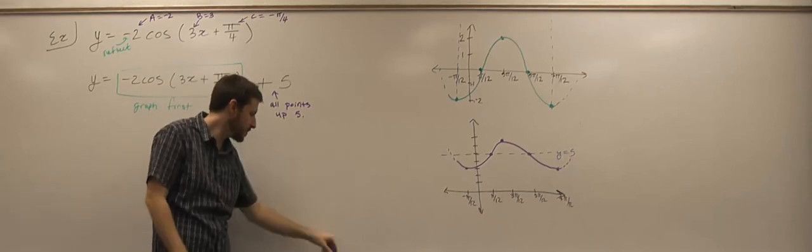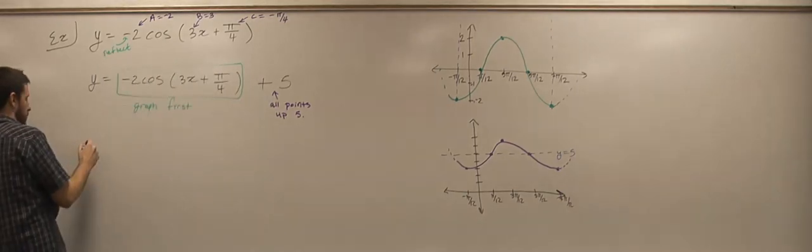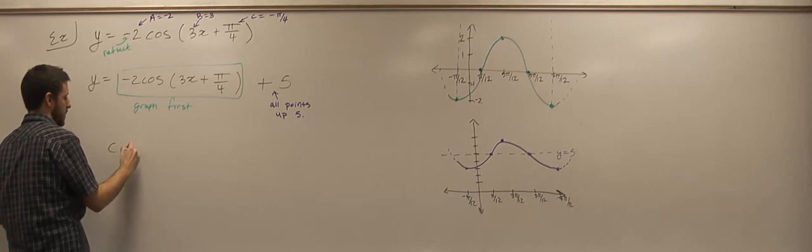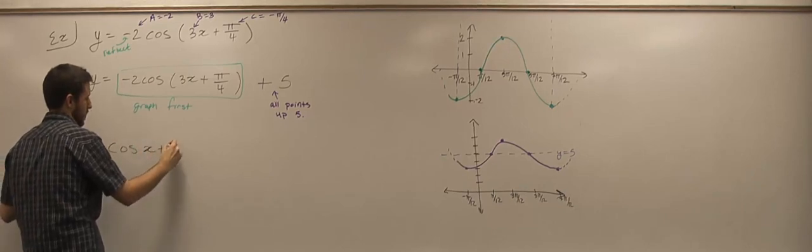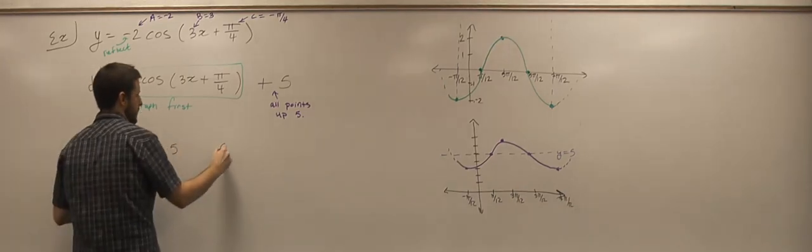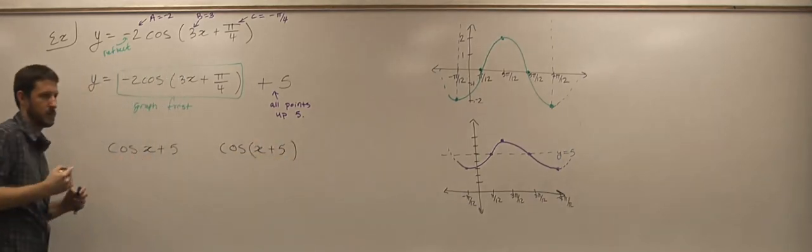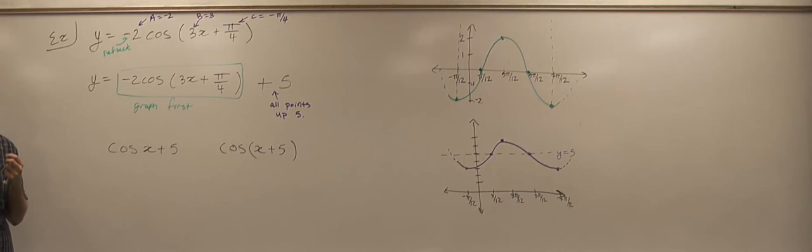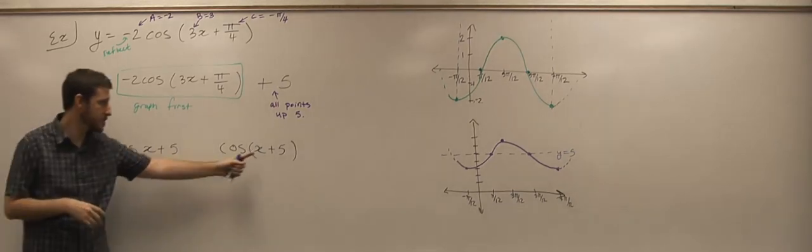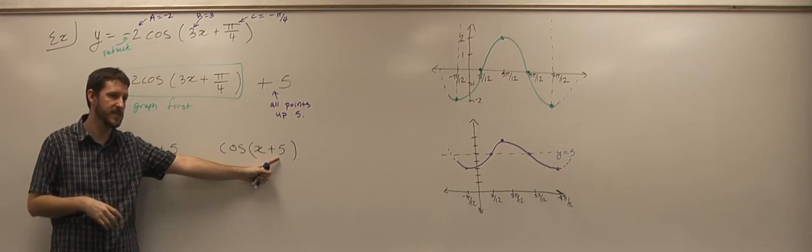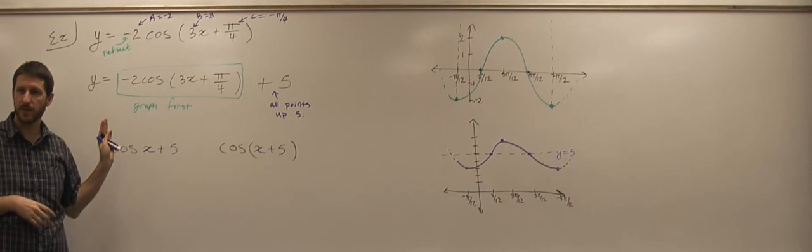And be very careful, because if you see something like this versus something like this, there's a huge difference. What's the difference in these? Yeah, one of them is going to give you a phase shift. One of them has a c of negative 5, which means you're going to start at negative 5.